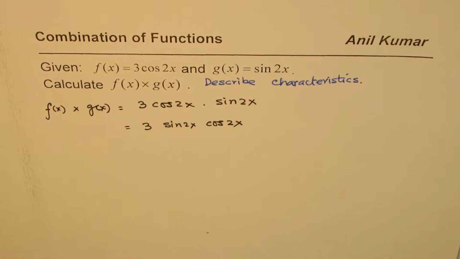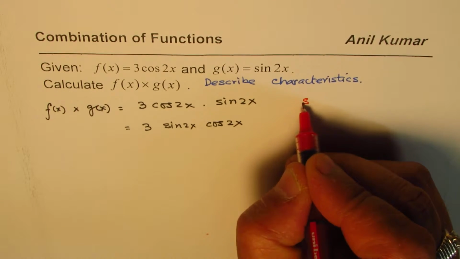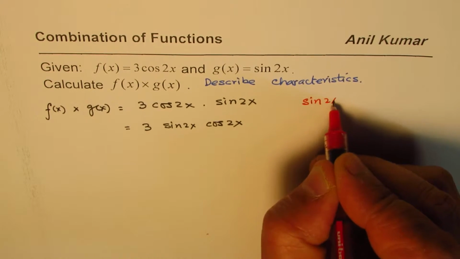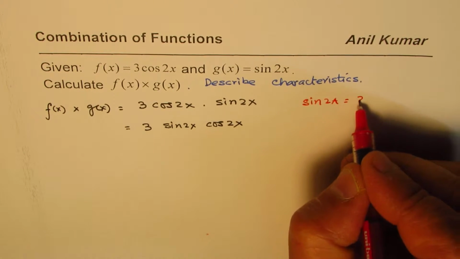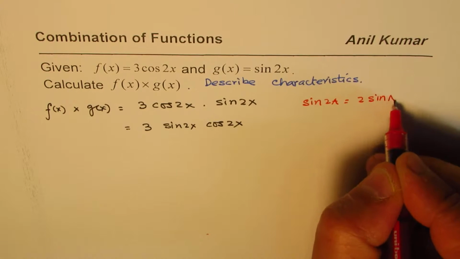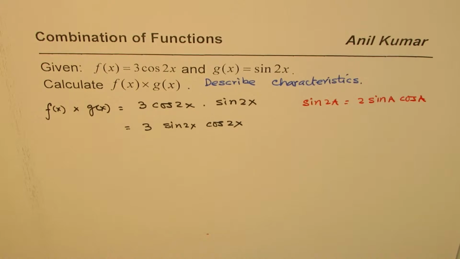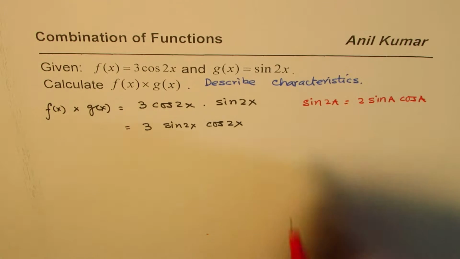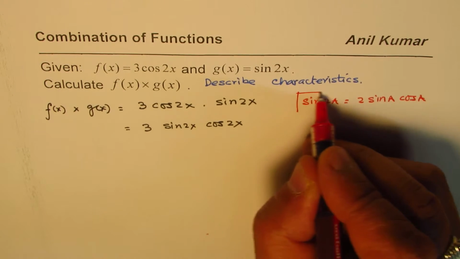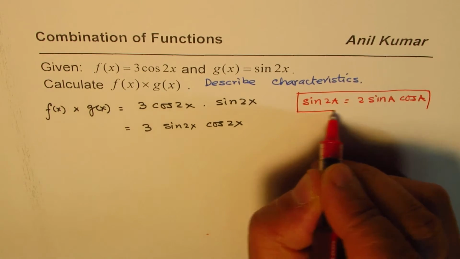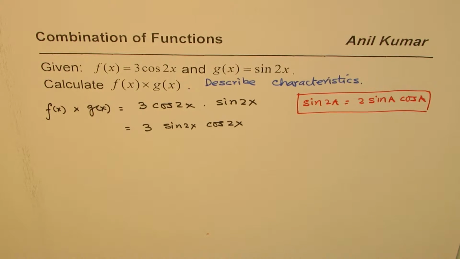Does that remind you of anything? Well, the formula is sine 2a, which could be written as 2 sine a cos a, right? In compound angle, if you have both the same angles, that is what you get, the double angle formula, right? So that is the double angle formula which can help you to simplify this expression.